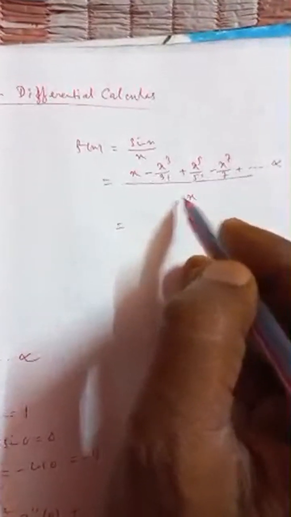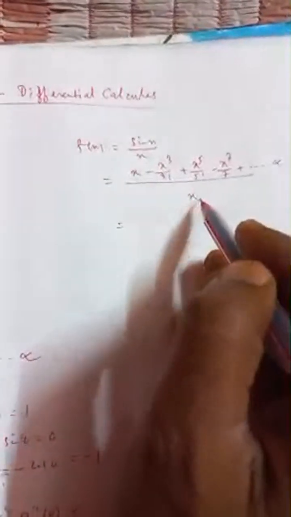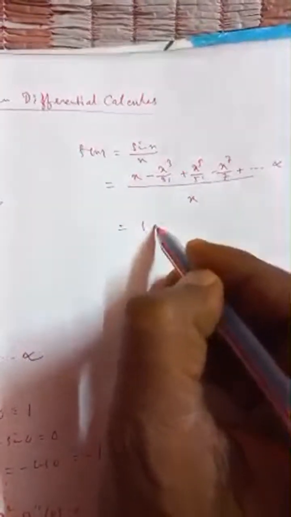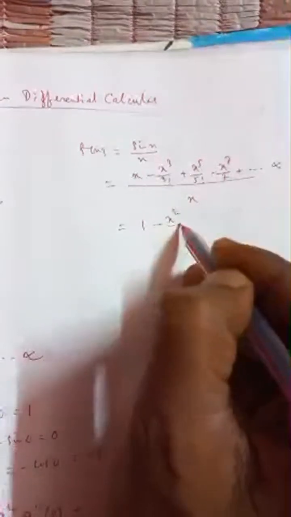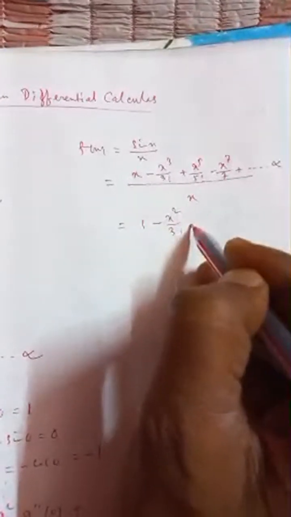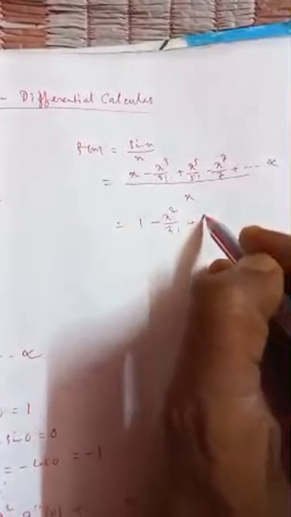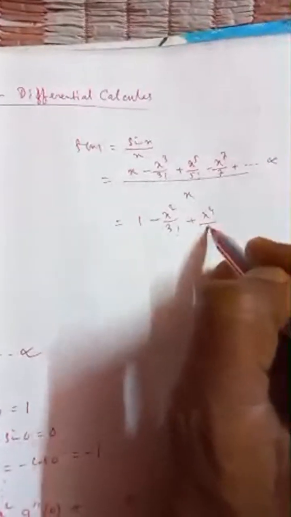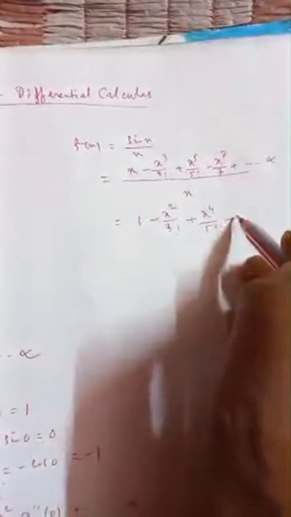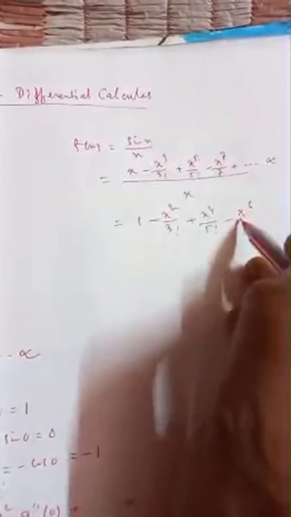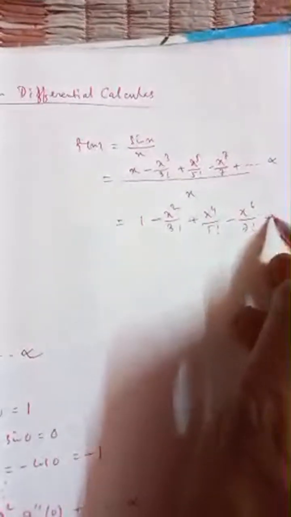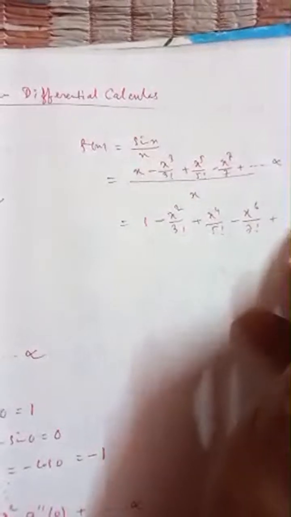We can divide the numerator by the denominator, and we will have 1 minus x square by 3 factorial plus x to the 4 by 5 factorial minus x to the 6 by 7 factorial plus dot dot up to infinity.